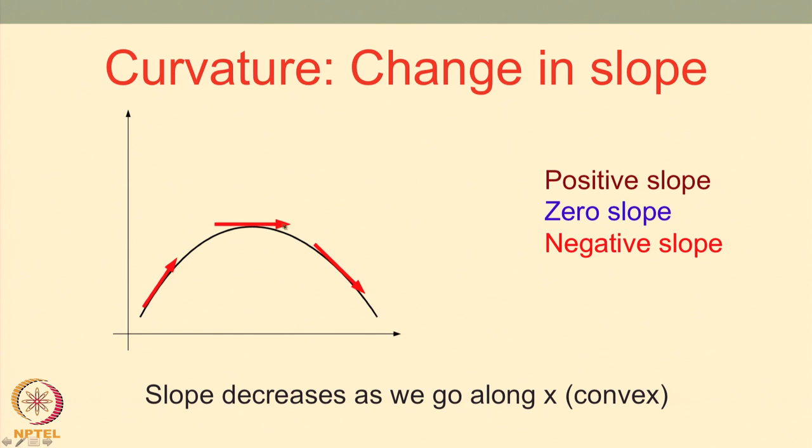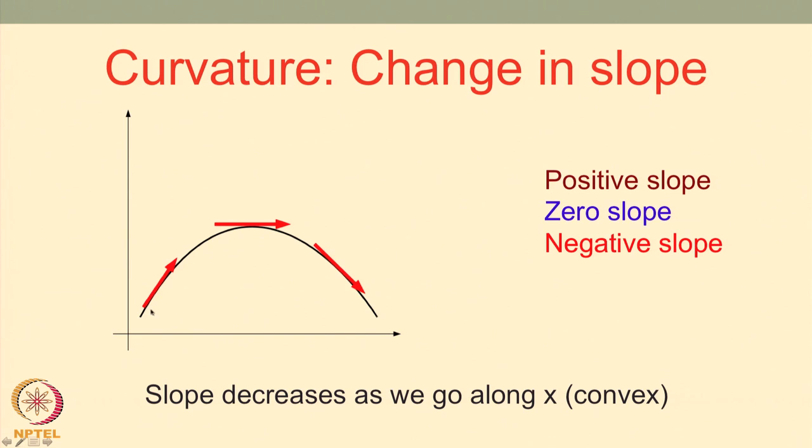So, that means the slope is nearly 0 there. If I take an extremely small delta x tending to 0, I would get the slope to be 0. Then if I further come along the x, somewhere here, if I take a point and draw a small straight line there, that is a tangent, I would get that the slope of that straight line would be a negative number. So, this is a negative slope.